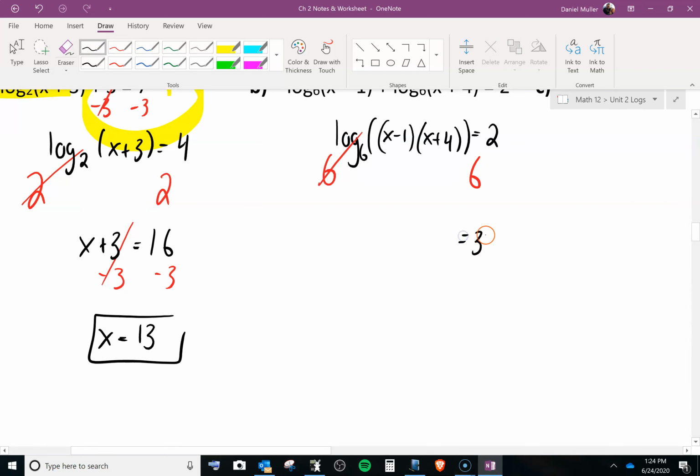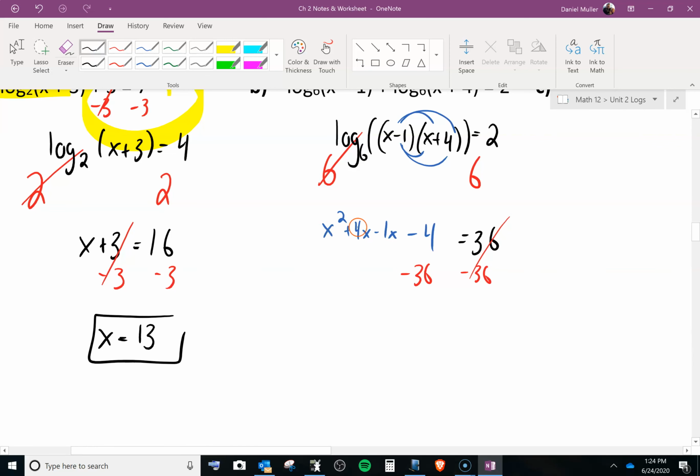And then I've got a 6 squared here. That's a 36. Now for here, I can go x times x squared plus 4x minus 1x, and then a minus 4. That's very poorly written. But anyways, I can minus this 36 over because I see that it's a trinomial here.